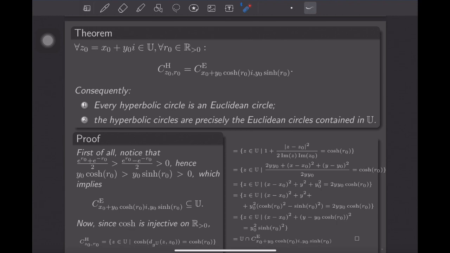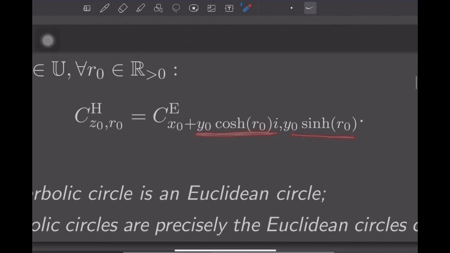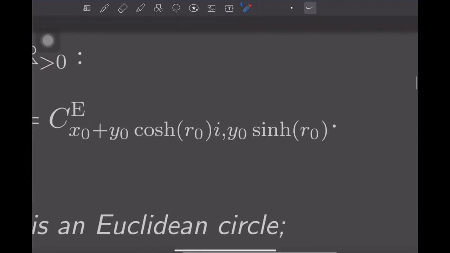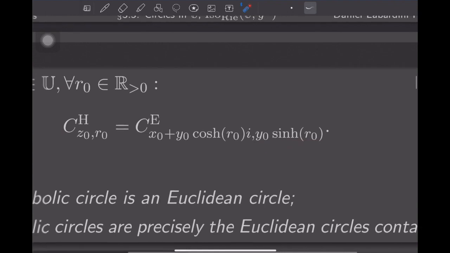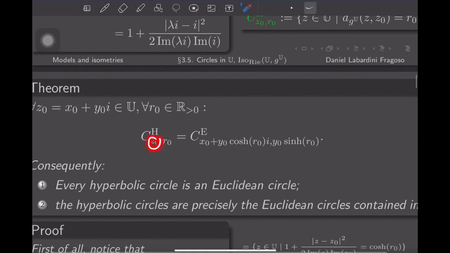where here I'm writing the center as x naught plus y naught I, with x naught and y naught real numbers. And so in particular, the only thing that changes is the imaginary part and the radius. So the hyperbolic center is this one, and the Euclidean center is in a way almost this one.